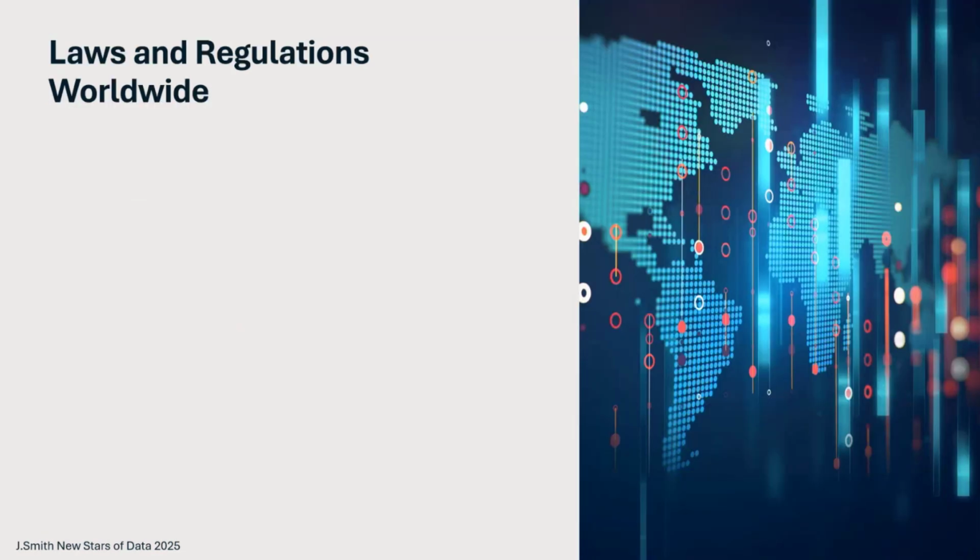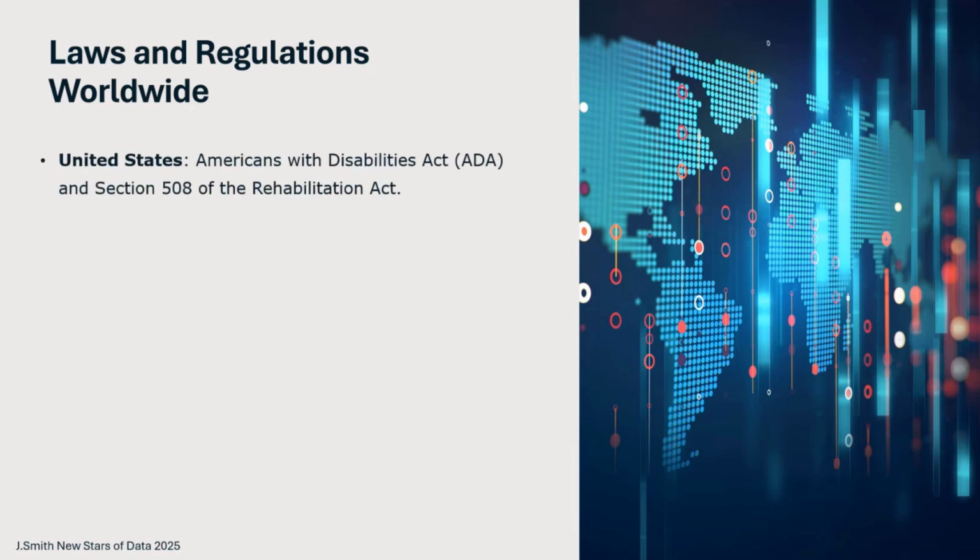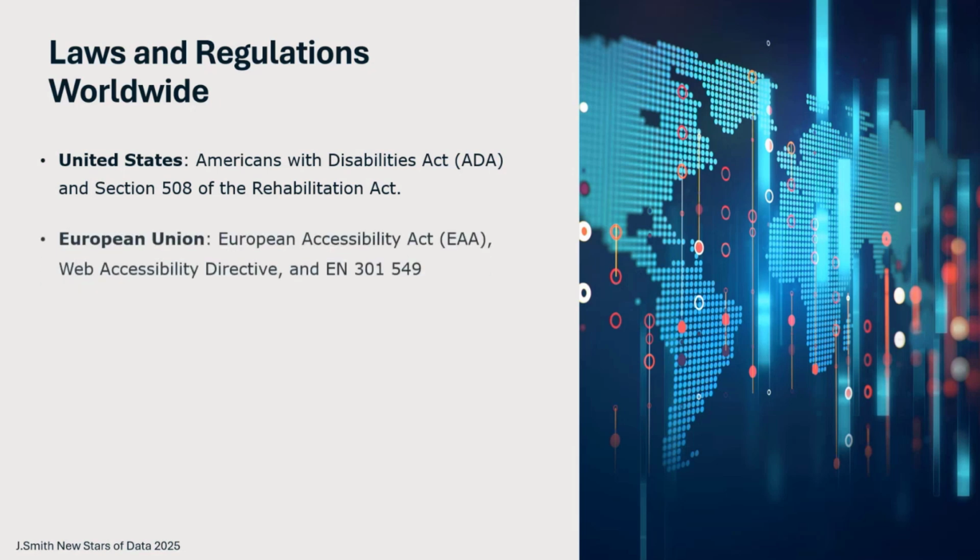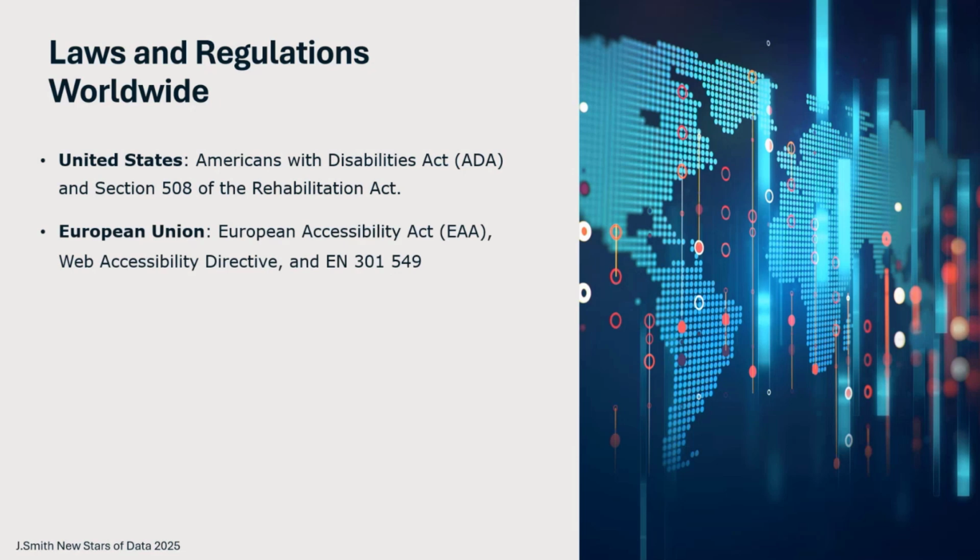In terms of laws and regulations, digital accessibility is supported worldwide. Just to list a few examples, in the United States, we have the Americans with Disabilities Act and Section 508 of the Rehabilitation Act. In the European Union, we have the European Accessibility Act, the Web Accessibility Directive, and the EN 301 549.